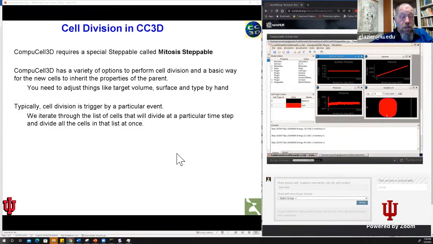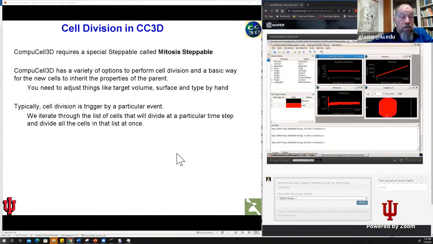The reason is that that particular steppable has loaded functions that are going to be associated with dividing the cells, which is fairly complicated to do, and also for the inheritance of the properties from the parent to the daughter. And again, we're going to find that unless we explicitly have the daughter inherit, it doesn't. So the daughter will have no properties, and we'll do that as an experiment to see what happens. It's not very pretty.